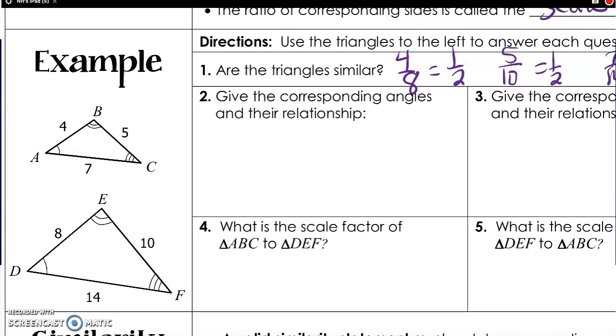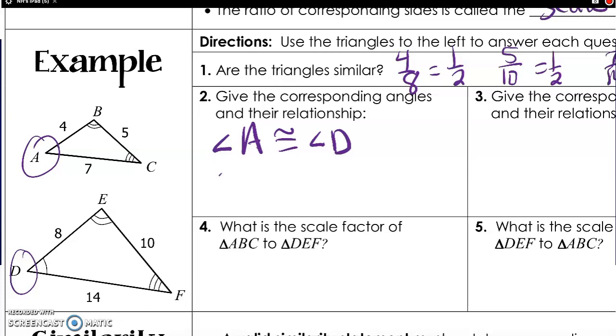Next, we want to do the relationship of the corresponding angles. So we already talked about it, that A and D match because they both have 1. So the way we write this is angle A is congruent to, it's an equal sign with a little squiggle over it, angle D. So you need to put the angle symbol in front of the letter.